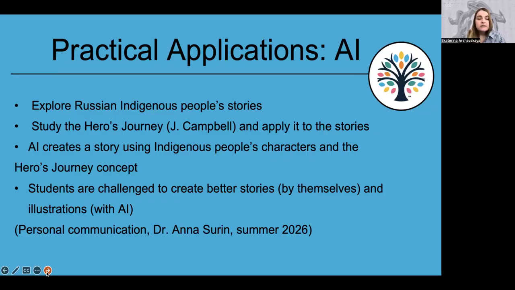Then she used AI to create a story using the characters that they study and the hero's journey concept. And the students, when they read the story, thought it was very simple, not very interesting. And then she challenged them to write better stories. And students were really motivated to show and to prove that they can do better. And they can also generate illustrations with AI to accompany those stories.